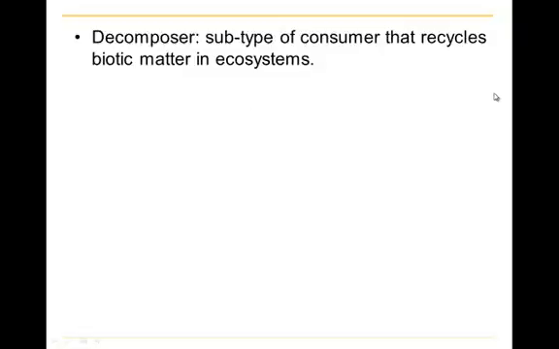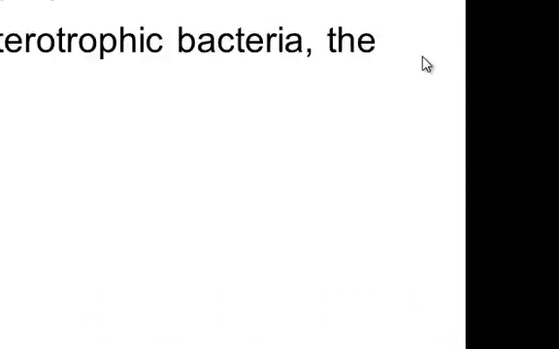Sometimes scavengers are even included in this category of decomposer. But mostly when we say decomposer, we're thinking of the FBI, not that FBI, but fungi, bacteria, and insects, which are some of the major decomposers. Not all insects are decomposers, but they do help fulfill this role, and they are quite ubiquitous.